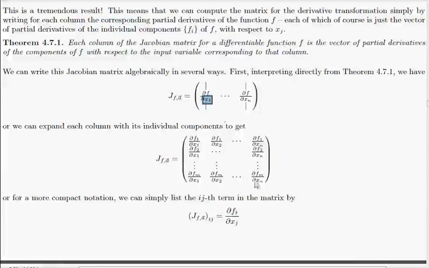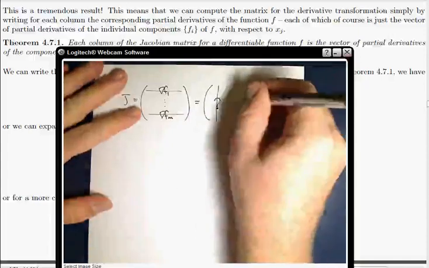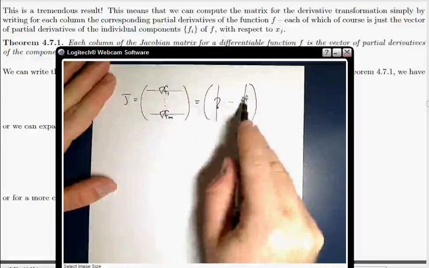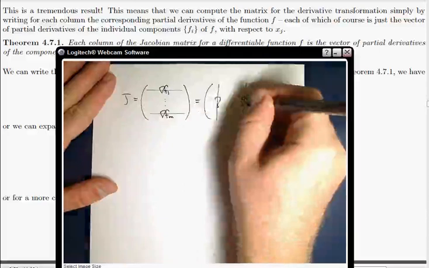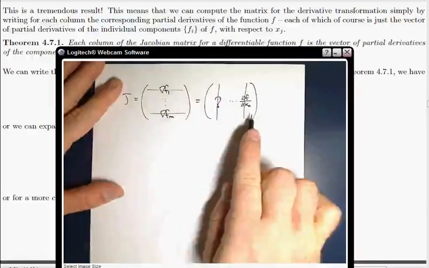So let me write that down here. These are the partials of the entire function, not just individual component functions. This is the partial derivatives of all the components of f with respect to the corresponding input variable, depending on which column you're in.